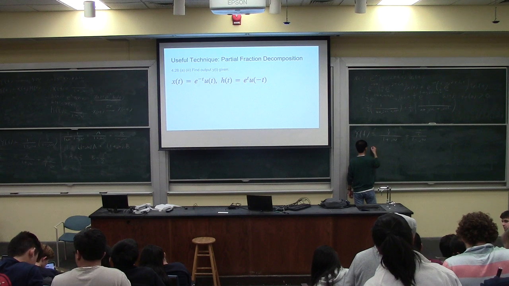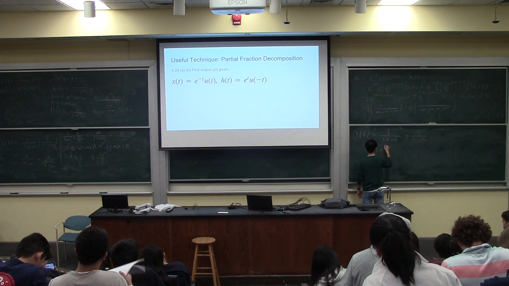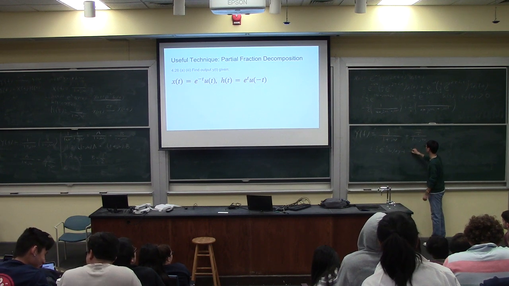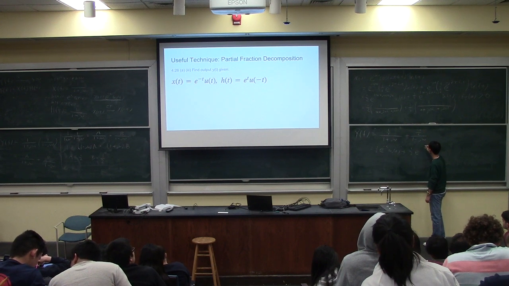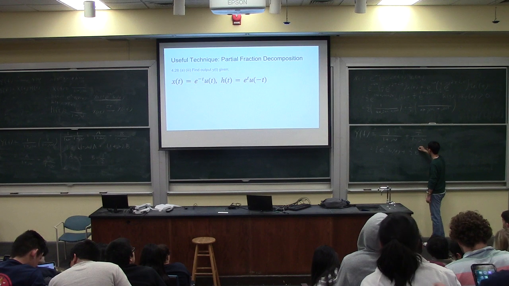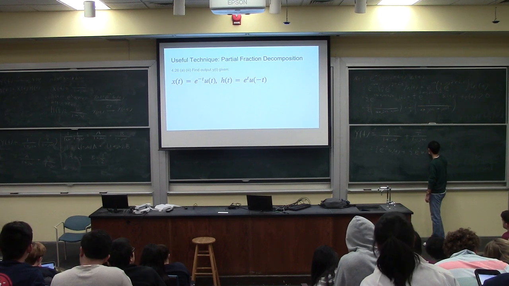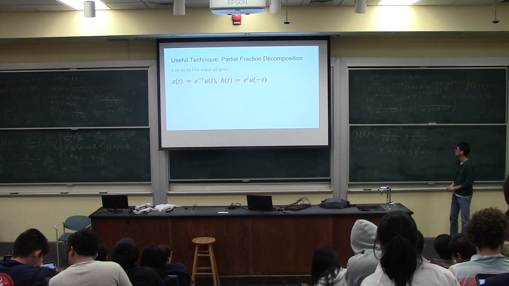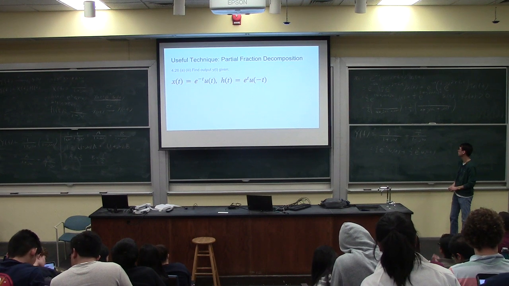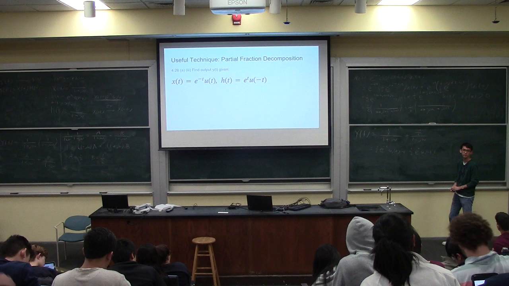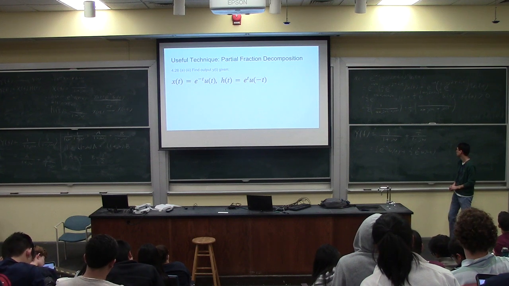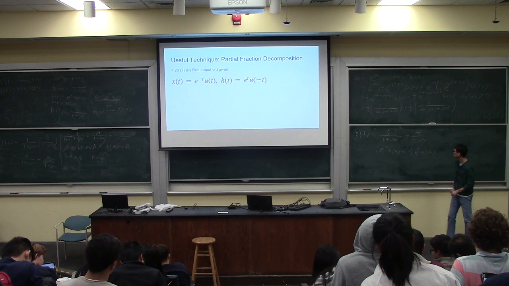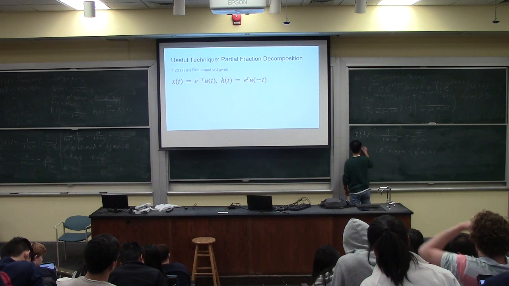So this is going to be 1/2 e to the negative t u of t plus 1/2 e to the t, u of negative t, because this is the reflection of the signal, right? So this is your y of t.